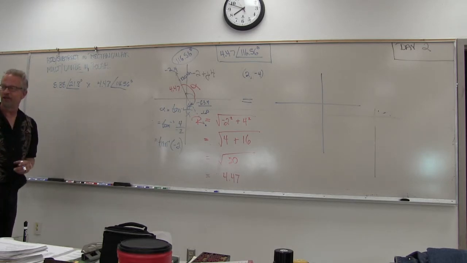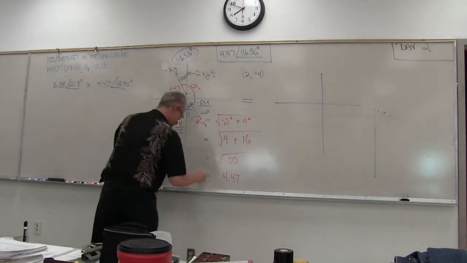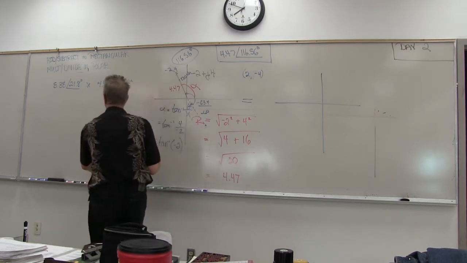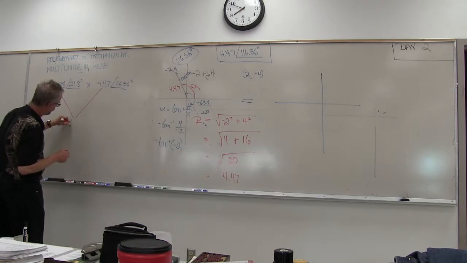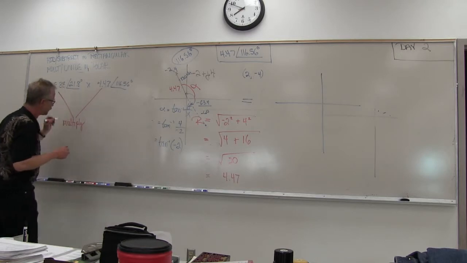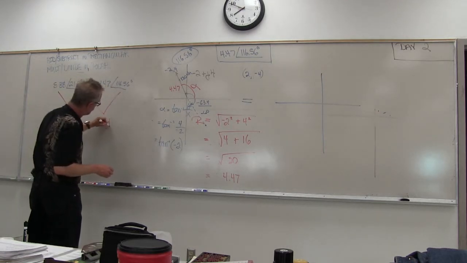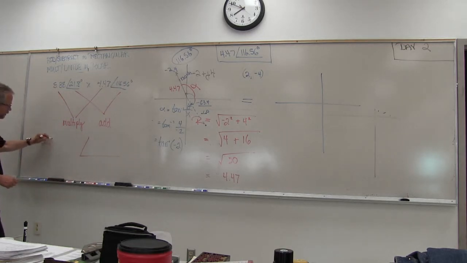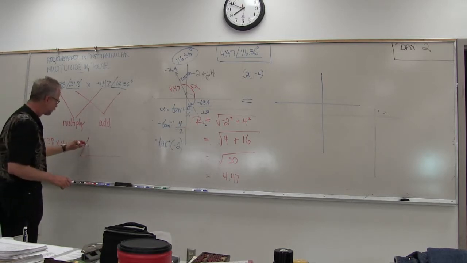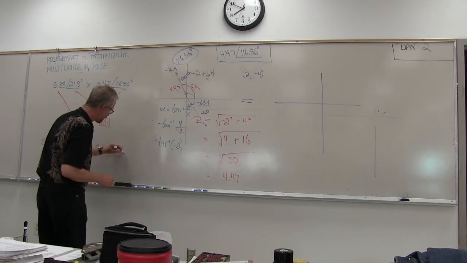Okay? Here's what we're going to do. This is simple once you know how to do it. Multiply. Add. That gives us 5.38 times 4.47. And here we have 21.8 plus 116.56.